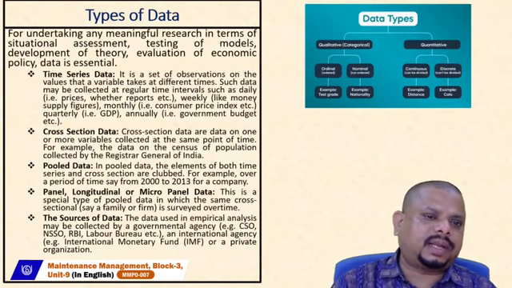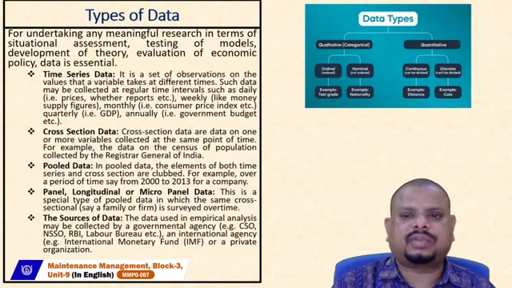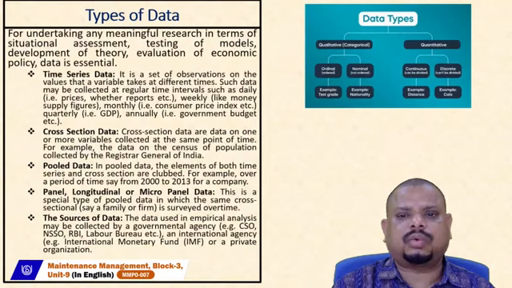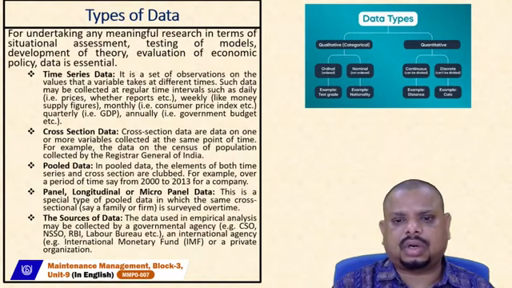Moving to the next one. Before going for data analysis, you have to go for the classification of data. Classification is of two types. One is qualitative data, another is quantitative data. In qualitative data, we have ordinal, which is ordered data. The second one is nominal, that is non-ordered data.